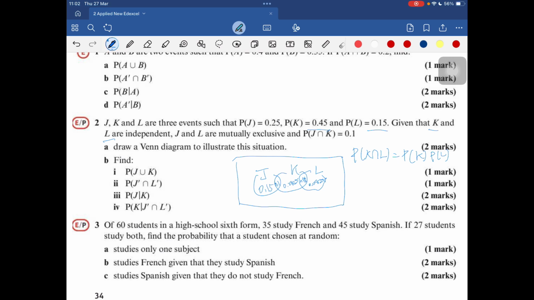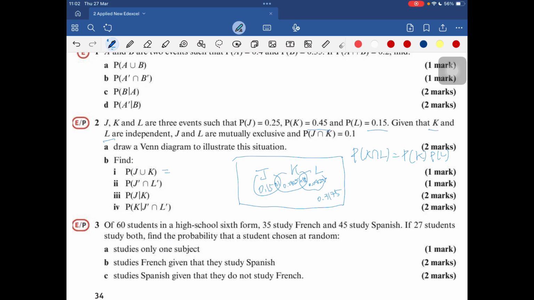So 1 minus 0.25 minus, let me make, 0.45 minus 0.15 minus 0.0825. So here 0.3175. Now we can make J or K all together.